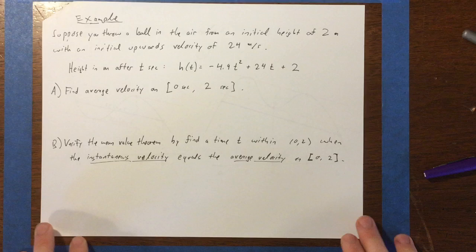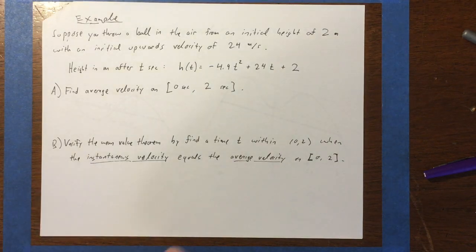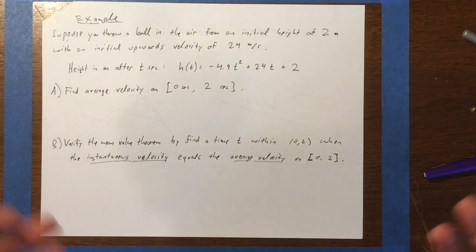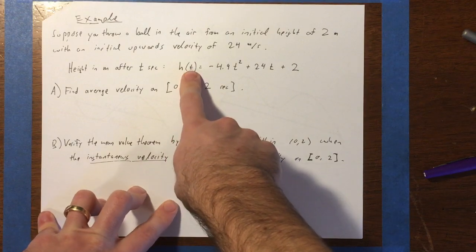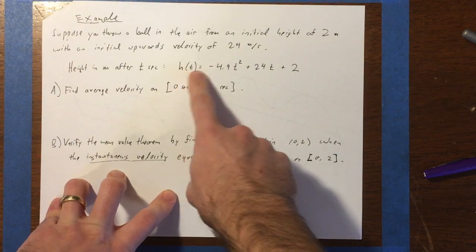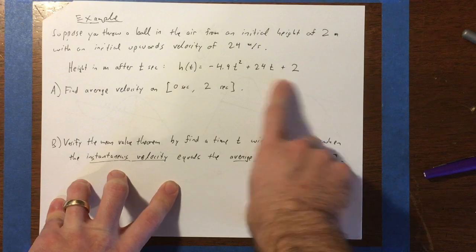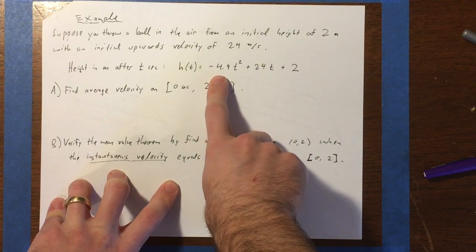Now, when you throw a ball in the air, as long as we are not paying attention to any air resistance or friction that might occur from that, if the only force we're considering is the force of gravity pulling down on that ball with a constant acceleration downwards, then it turns out the height of the ball in meters after t seconds will be given by this equation. So the negative 4.9, that's half of 9.8.